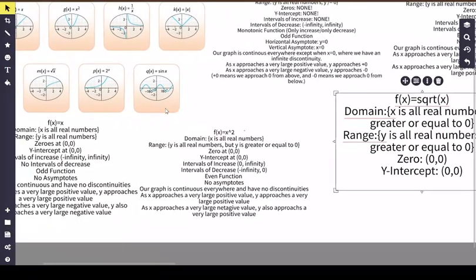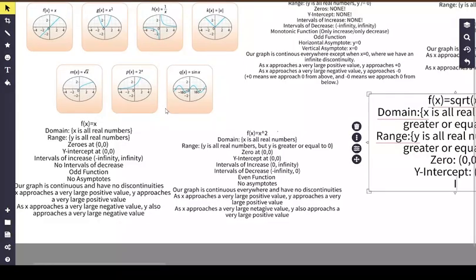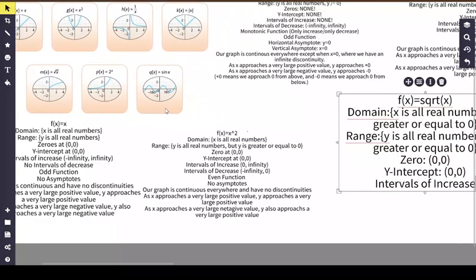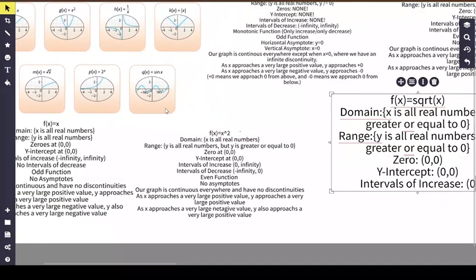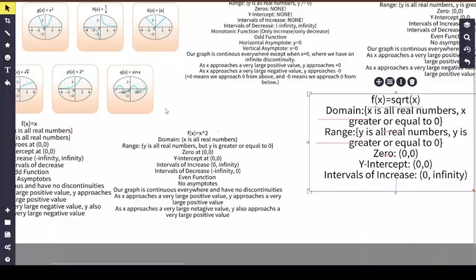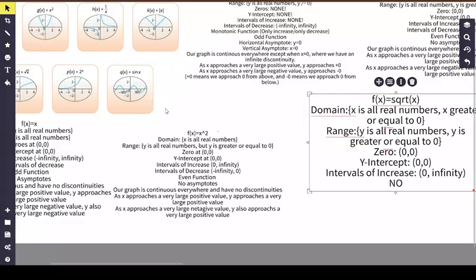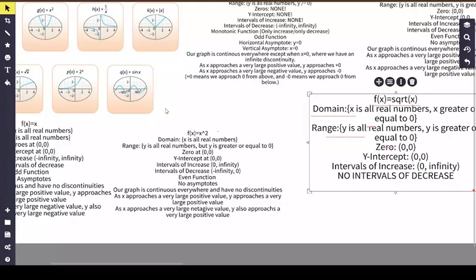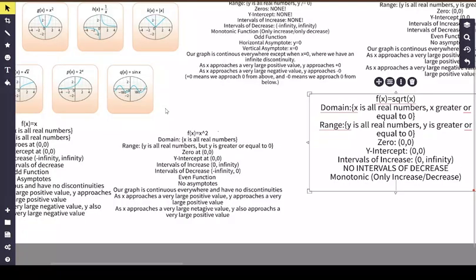And besides that, intervals of increase. This is from 0 to infinity. And because this covers our entire domain, no intervals of decrease. Also hinting that this is monotonic. It only increases. Okay, no asymptotes.